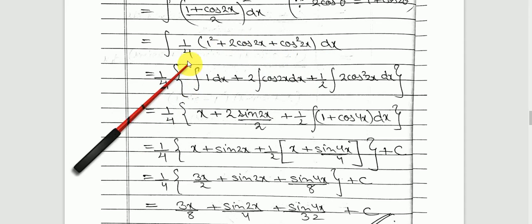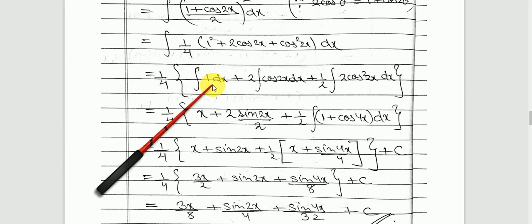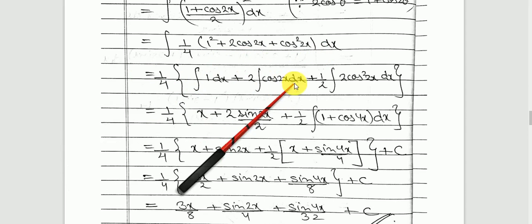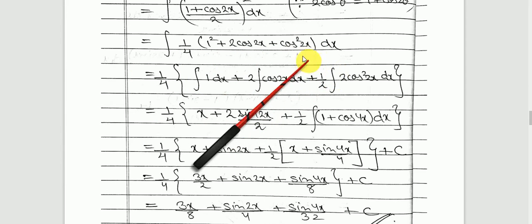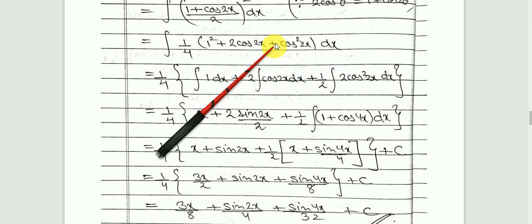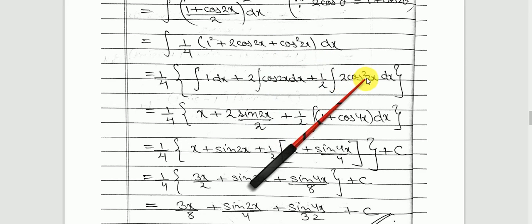So 1 by 4 is constant and common for all, so it comes out. Then integration of 1 plus integration of cos 2x plus this cos square 2x. So I'm multiplying and dividing by 2, so this half comes out and I'm left with integration of 2 cos square 2x.